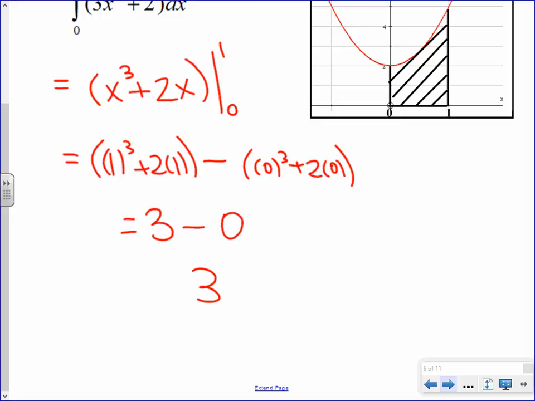So we end up with 3 minus 0, which is 3. The area under that curve from 0 to 1 is 3. That saves us some time, right?